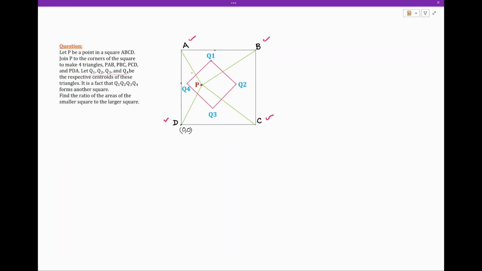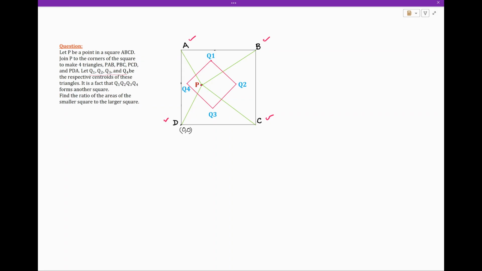P has been joined to A, B, C, and similarly to D. Now, Q1 is the centroid of the triangle APB. Similarly, Q2, Q3 and Q4 are the centroids of PBC, PCD and PDA respectively.